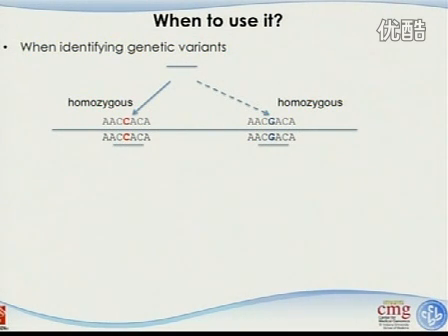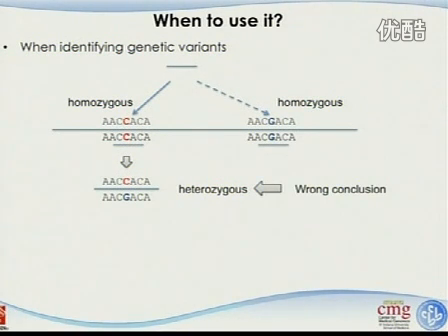It's a G. Okay, so these are two homozygous parts in this repetitive region. But when you read the data and misalign these reads, you will probably find that this region is heterozygous. Okay, and this will be the wrong conclusion. This kind of artifact is completely caused by the mappability issue, because these reads can be mapped to multiple places. This read mapped to here, some reads mapped to here, probably misaligned.